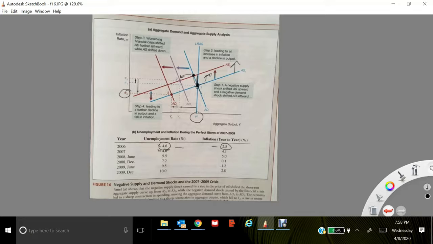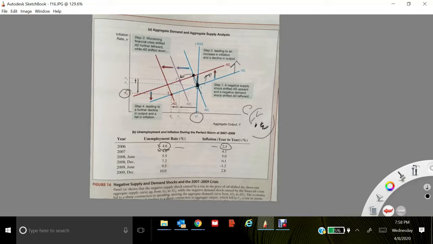That resulted in the wealth of the consumer falling. Remember, the consumption function is first a function of income, but it's also a function of wealth.